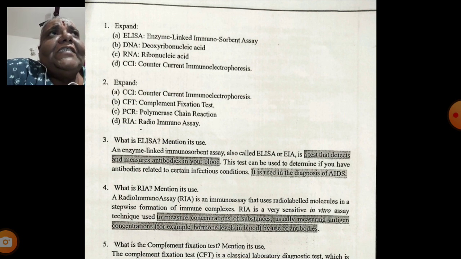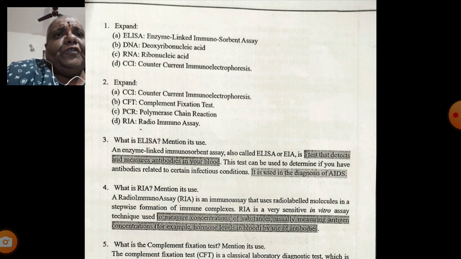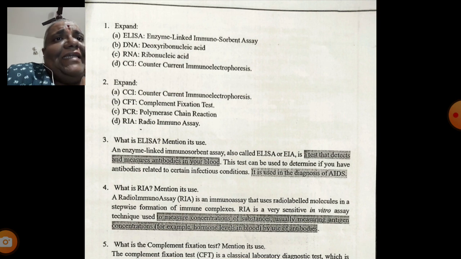These cells contain a central unit called the nucleus, and in the nucleus you find a nucleic acid called DNA, which is our hereditary material. DNA is an epithet which stands for deoxyribonucleic acid. So this is the answer expected.